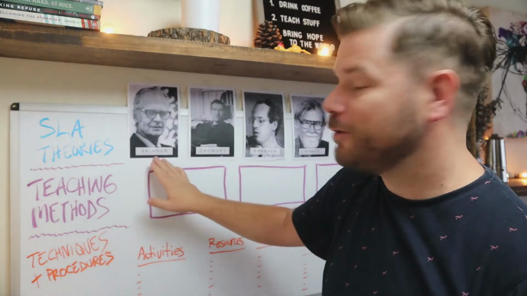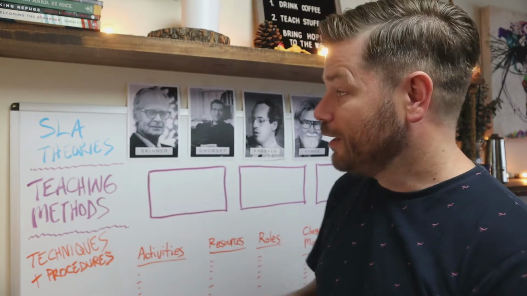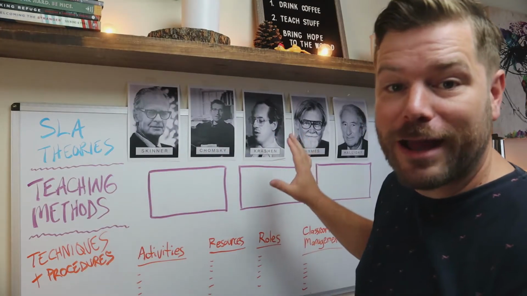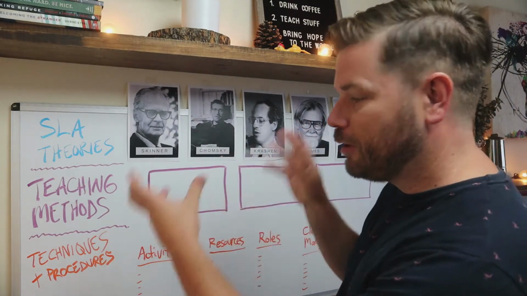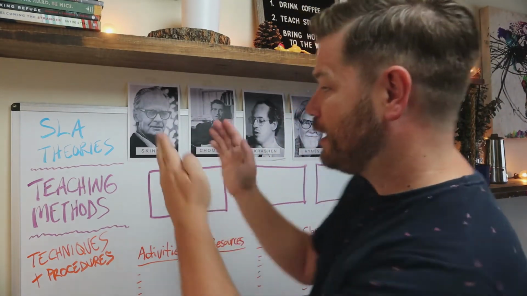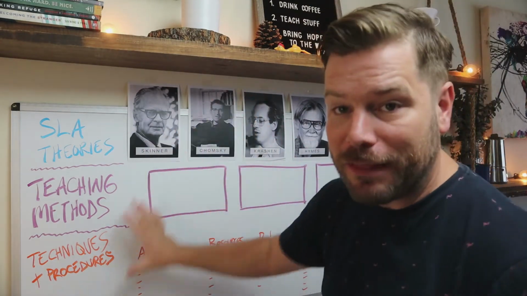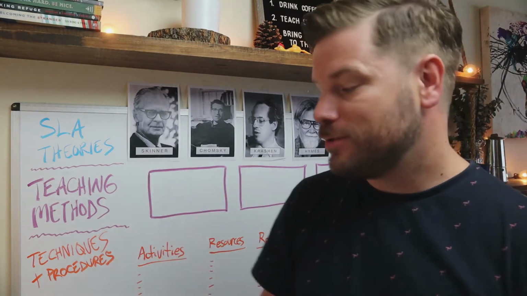Maybe you'll value his ideas of repetition and drilling. Maybe you'll limit that just to a beginner level class. But as your students progress and become more advanced, perhaps you'll take on some more of these ideas. You can parse this out and figure out exactly which of these views you want to take, and let that influence what techniques and procedures you actually use in your classroom.